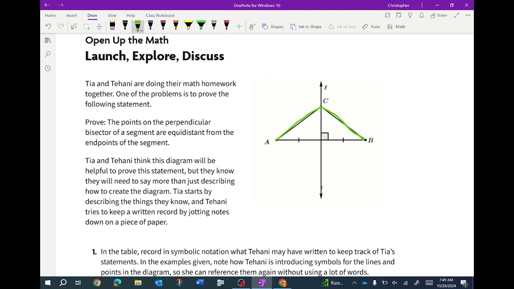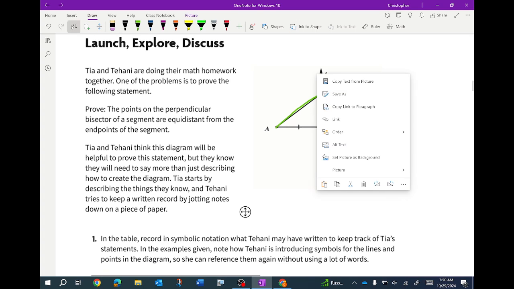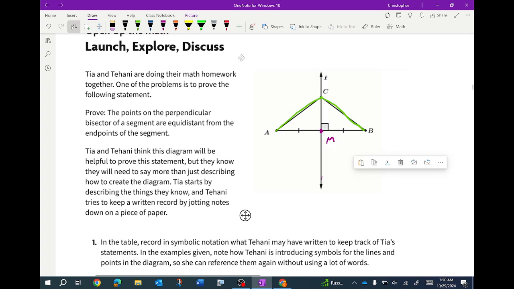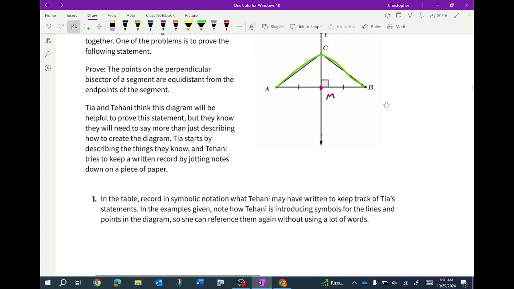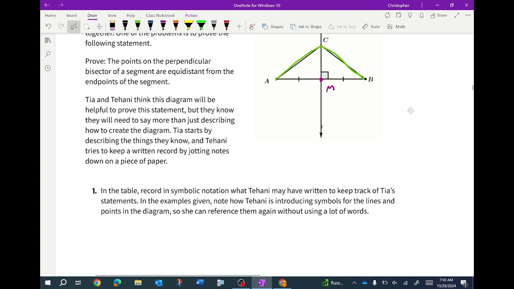We already know that this point M is the midpoint. We know we have this perpendicular angle, but can we prove it? We can look at it visually and have good intuition that those two are equal, but we haven't quite proven it yet. Okay? And that's what we're going to do.